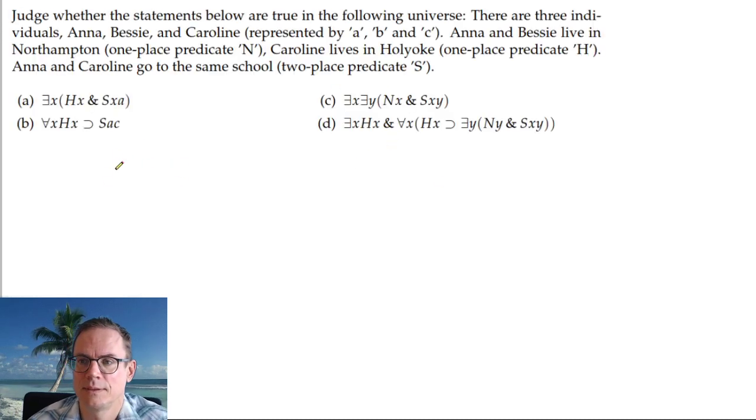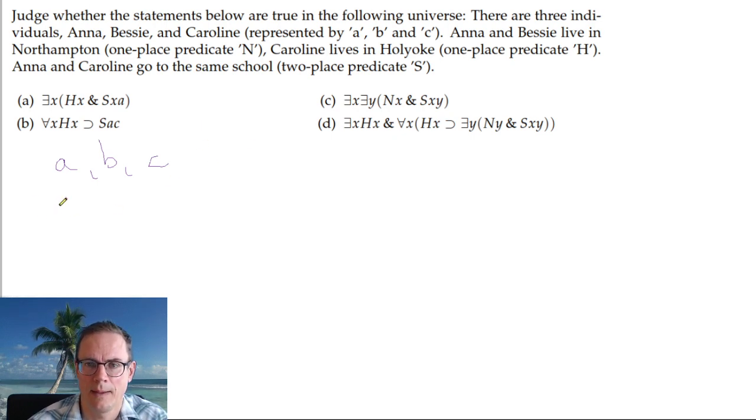All right, so this is a little exercise to apply your thinking about predicate sentences. So we have three people, A, B, and C: Anna, Bessie, and Caroline.